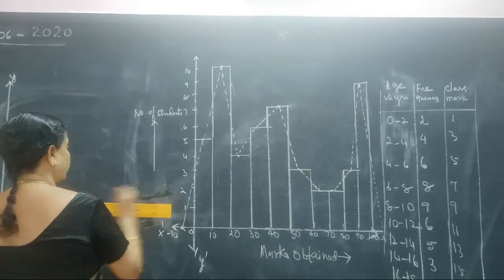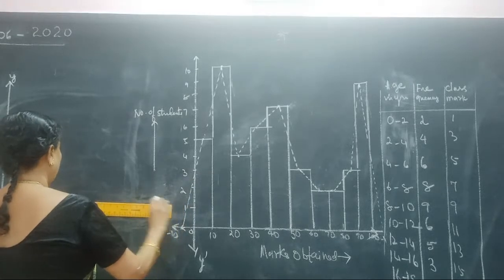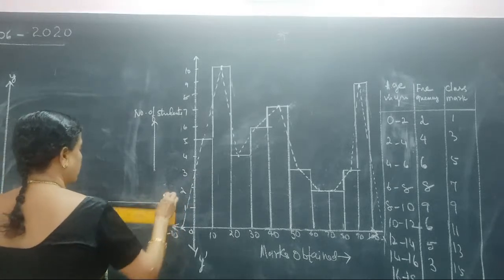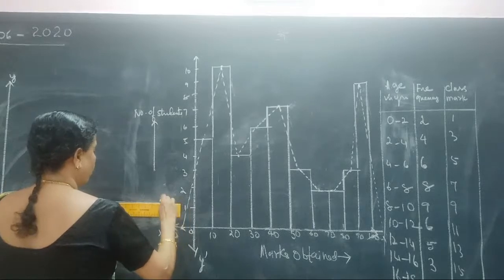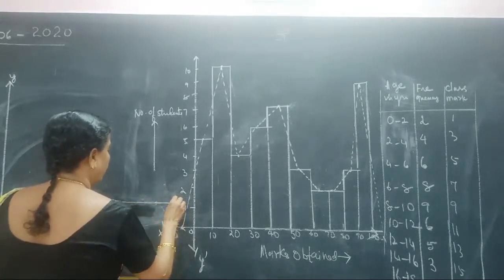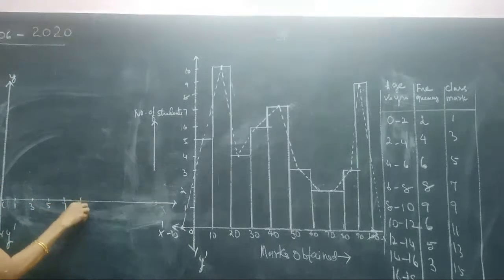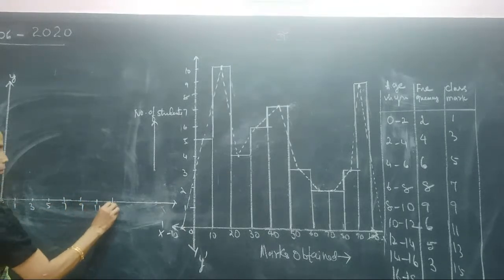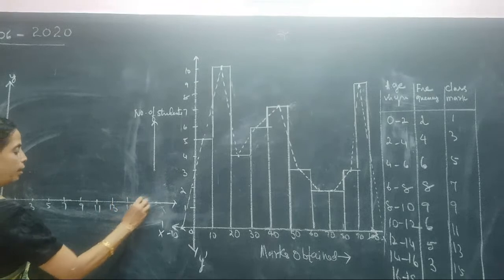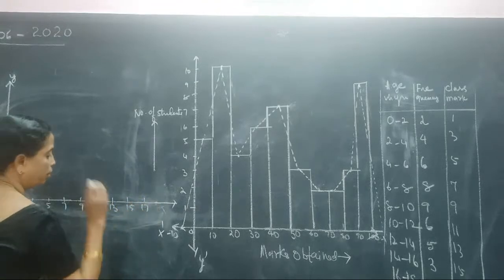I want to show the difference between histogram with frequency polygon and only frequency polygon. So it starts from 1, 3, 5, 7, 9, 11, 13, 15, 17, that's all.